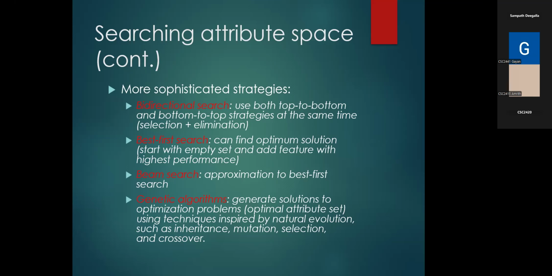Crossover means, as I told you, you start with two subsets, for example, and select a part of the first one and a part of the second one, and then combine them. So you can start with two feature subsets and combine parts of them to create a new subset. This is called crossover.